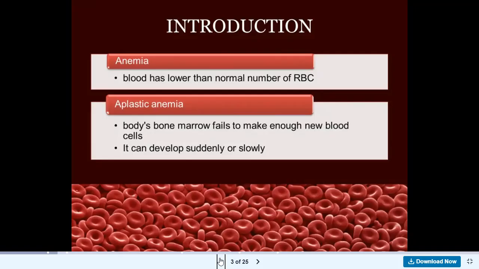And then we said you could do bone marrow biopsy, aspiration of the bone marrow, ultrasound, X-ray. All of these would show you that your bone marrow stem cells are not able to produce enough cells, and the bone marrow cells have been replaced with fatty tissue.